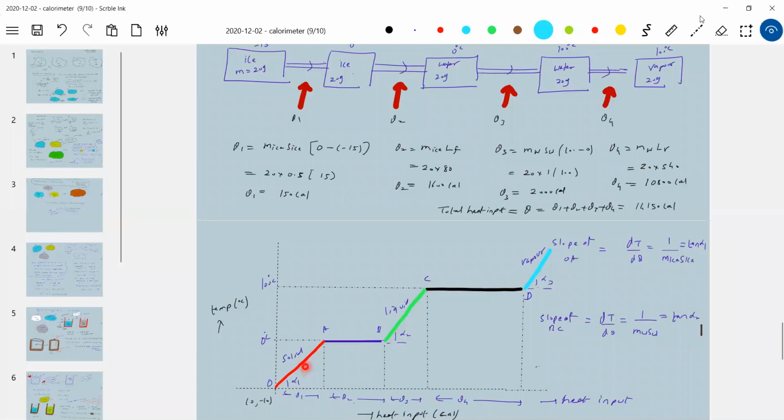Suppose there are substances where alpha 1 is greater than alpha 2. Then the specific heat of the substance in solid state will be more than that in liquid. If alpha 1 equals alpha 2, then the substance will have the same specific heat in both the states, solid and liquid. Like that, in this graph, this horizontal line will give us information of latent heat of fusion, and this horizontal line latent heat of vaporization.